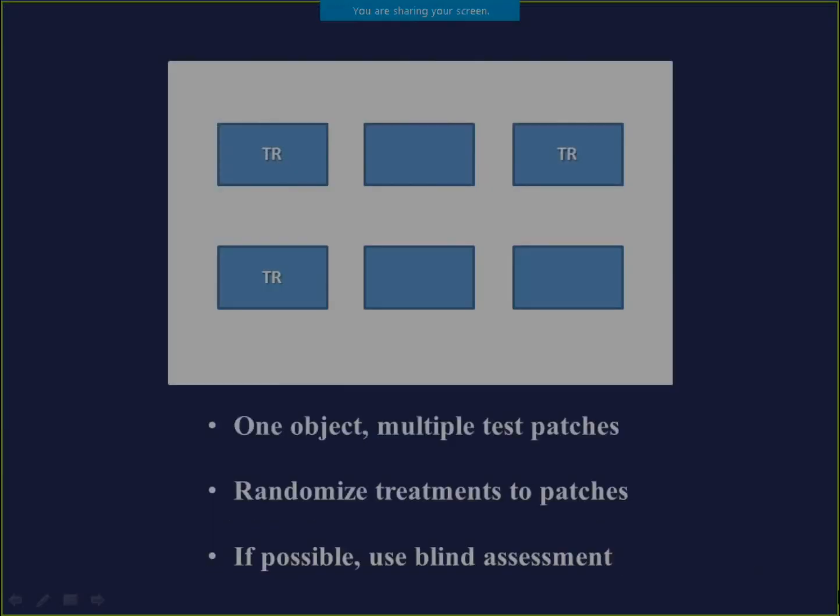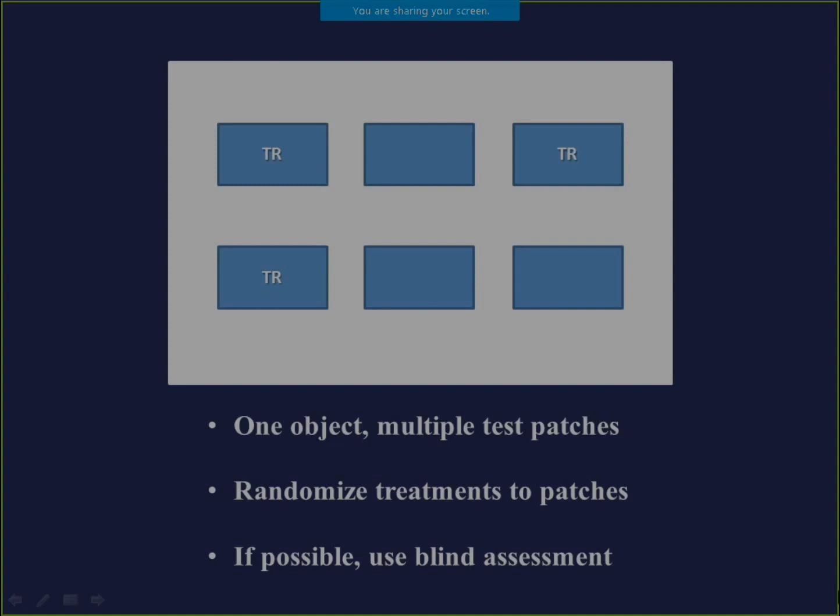This is simply an extension of the idea of test patches, but instead of haphazardly testing a few patches on an object, you randomize which patches receive one or more test treatments and which remain as controls, and this allows you to reliably compare the results.